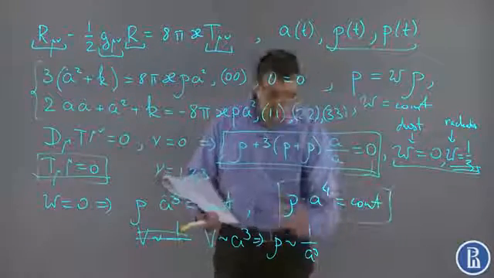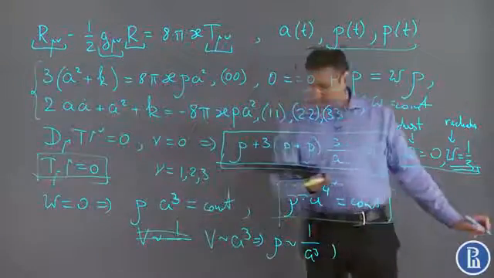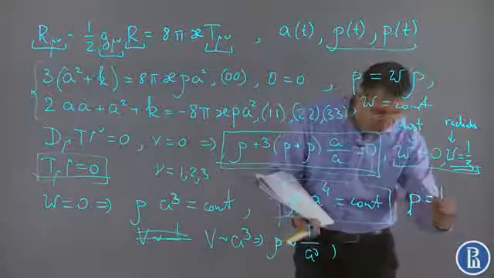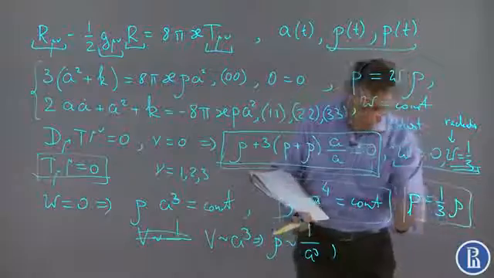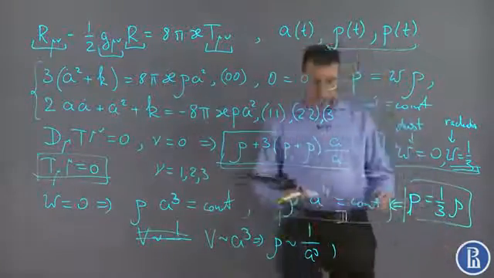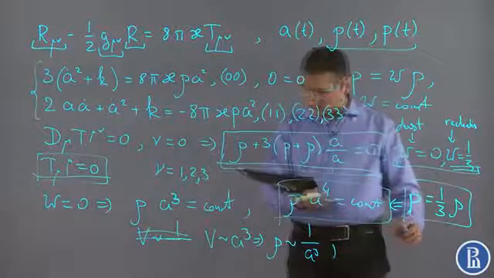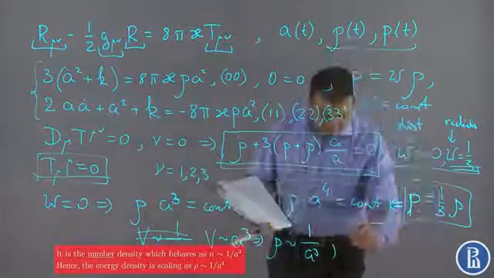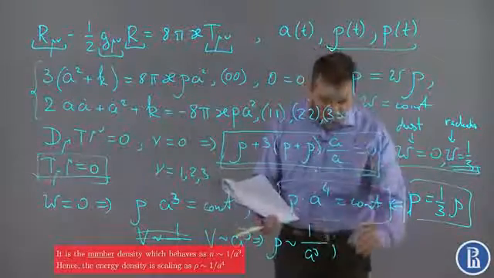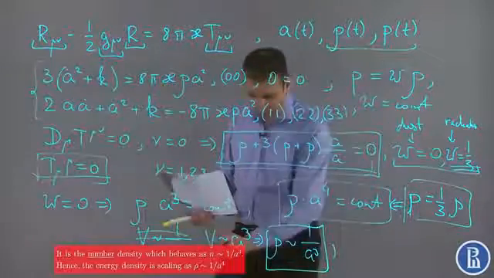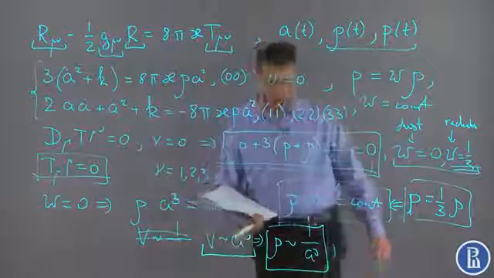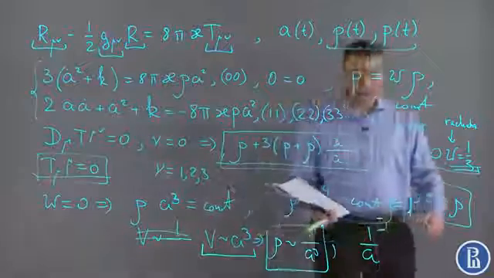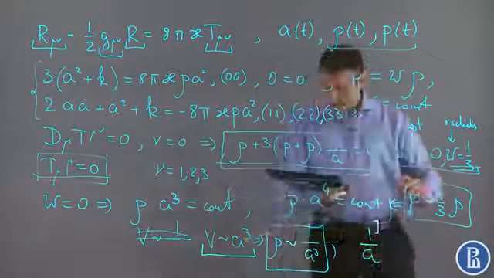Why is it so for the radiation? It is easy to understand, because for the radiation, again, for P equals 1/3 of rho, we obtain this situation. It can also be understood because the density of radiation behaves like this if the universe expands or shrinks according to this law. But at the same time, the wavelength of radiation behaves like this.